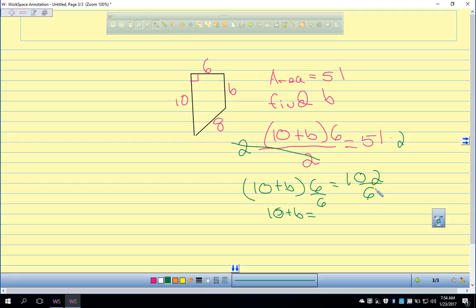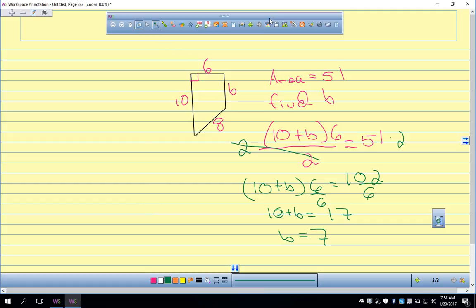Did I mess up? No. 102 divided by 6 is 17. Okay? So B equals 7. Right?